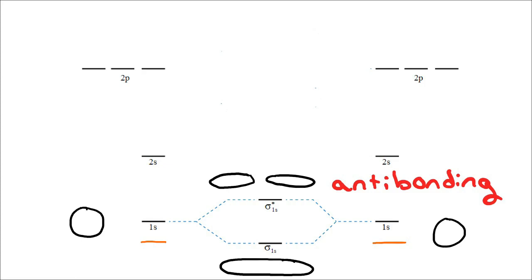Notice that the antibonding orbital has an asterisk or a star next to it. Anytime you see that star, it means the orbital is antibonding, and if an orbital doesn't have that star, then it's a bonding orbital.